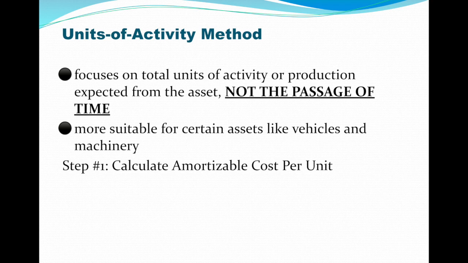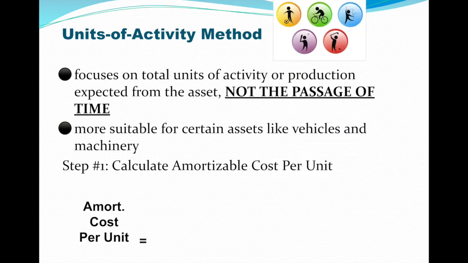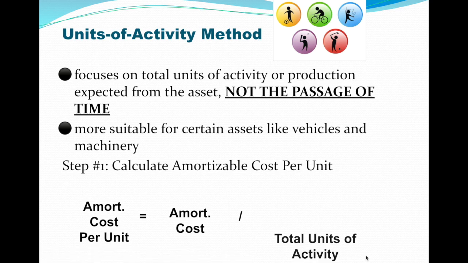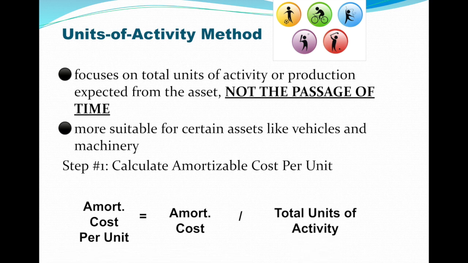So, in terms of using this method, step number 1 is to calculate the amortizable cost per unit. So we start off with our amortization cost, which is found the same way as for the other two methods: our total cost minus our salvage value gives us our amortization cost. But then we divide that by the total units of activity.